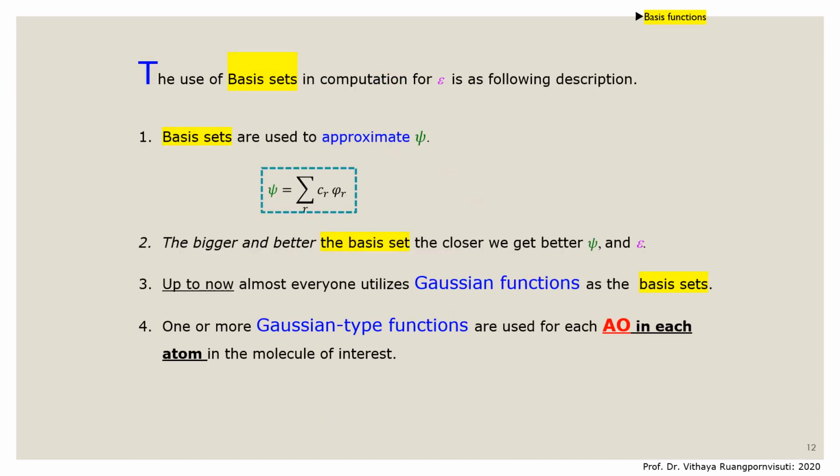The use of basis sets in computation for the optimized structure, small e, is as follows. First, basis sets are used to approximate the wave function, small psi, which is a linear combination of atomic orbitals, psi r.